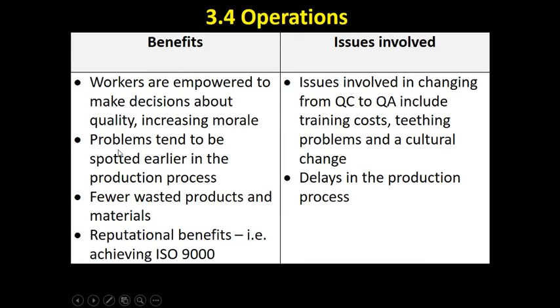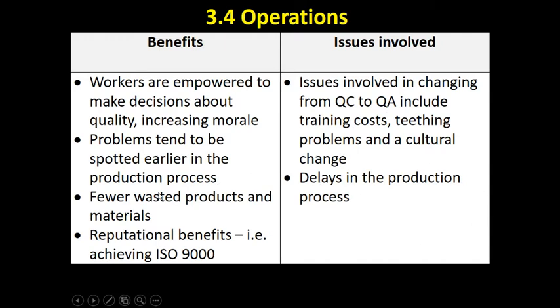If workers are the experts at the end of the day, they know what they're doing, therefore they should be responsible for monitoring the quality of their work, and if they do that and a problem crops up, then it can be spotted far quicker than if we're relying on some external person like the inspector to realise that there's an issue. So in theory, problems should be spotted a lot earlier in the production process, which leads to fewer wasted products and materials.